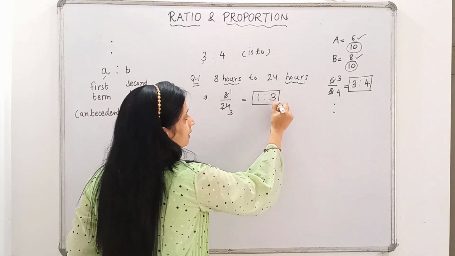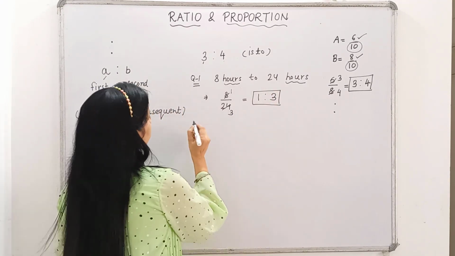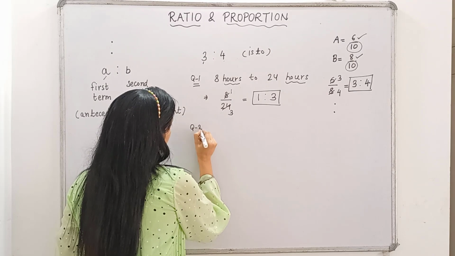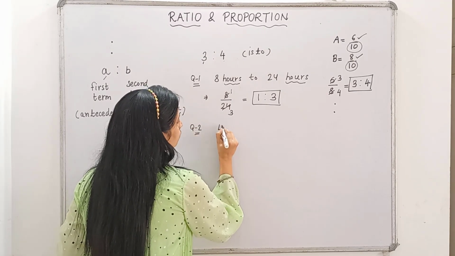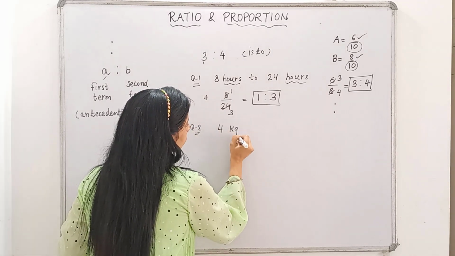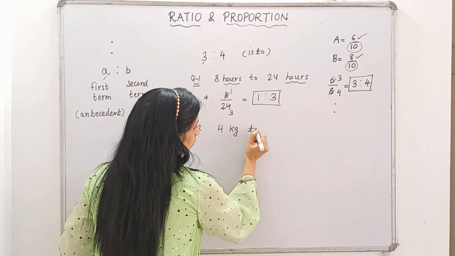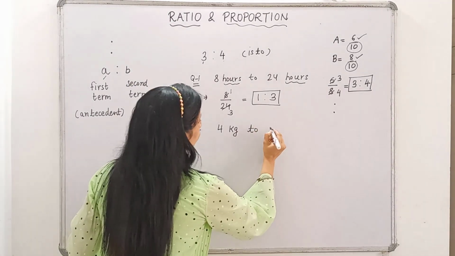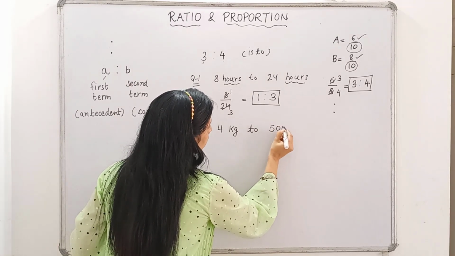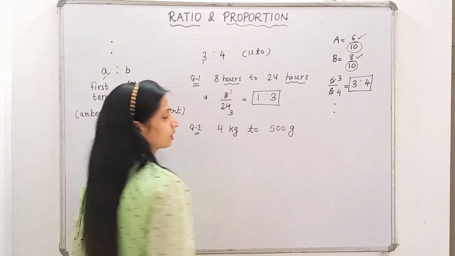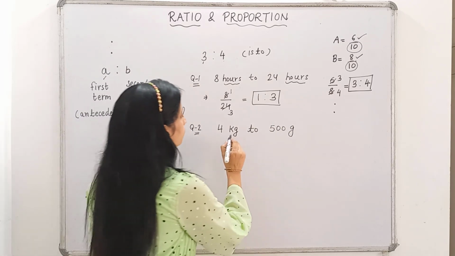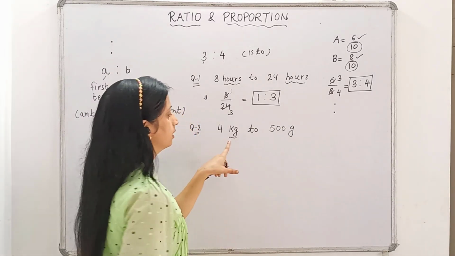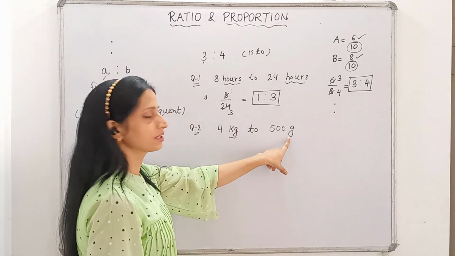Now let's take another example. We have to find out the ratio of 4 kilogram to 500 gram. Now you can see that the units are not equal. Here it is kilogram and here it is gram.